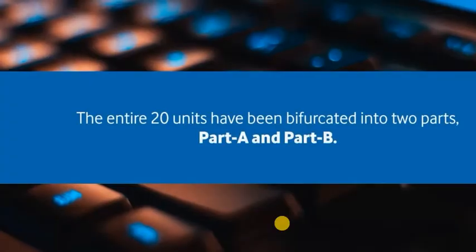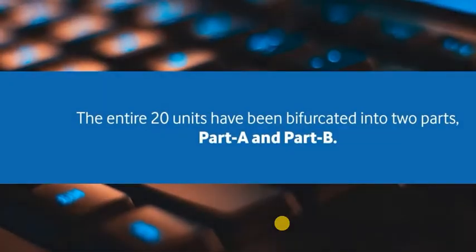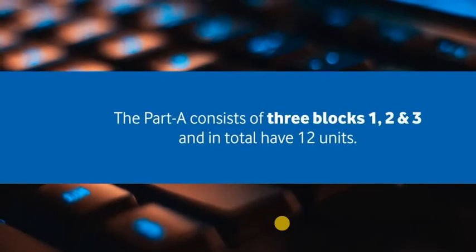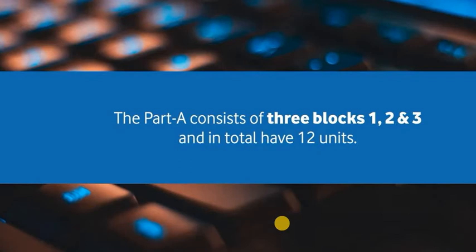Because this course is going to talk about how you're going to set up your entity, how you're going to create your own enterprise and more towards that. The entire 20 units, somewhere around 20 chapters, need to be bifurcated into 2 parts, part A and part B. In part A, which consists of 3 blocks, that is first, second and third, roughly we observe that each block has 4 to 5 chapters.